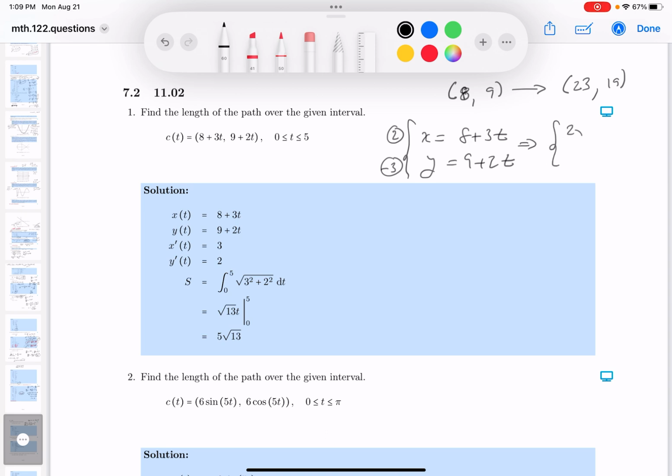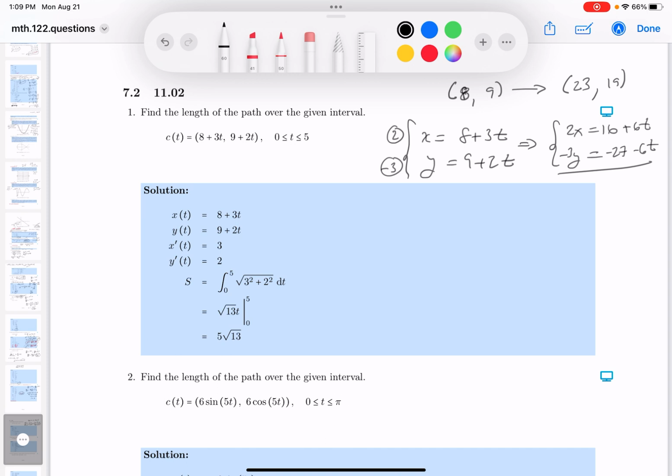2x equals 16 plus 6t. What do you get here? Minus 3y equals minus 27, and again, I'm multiplying by minus 3, so minus 6t.